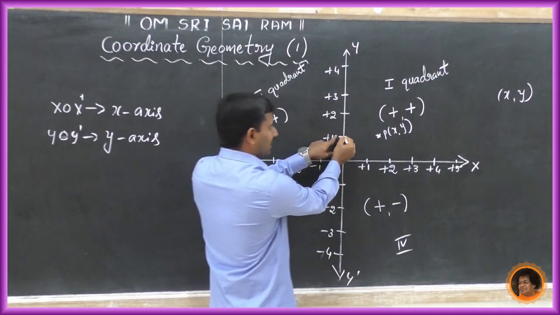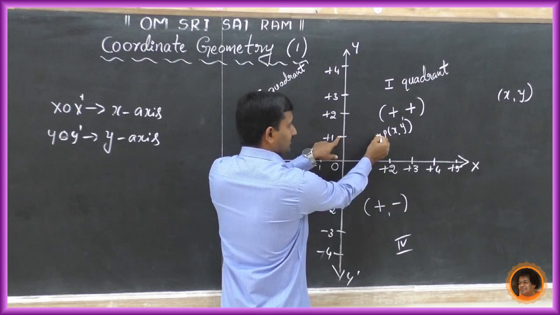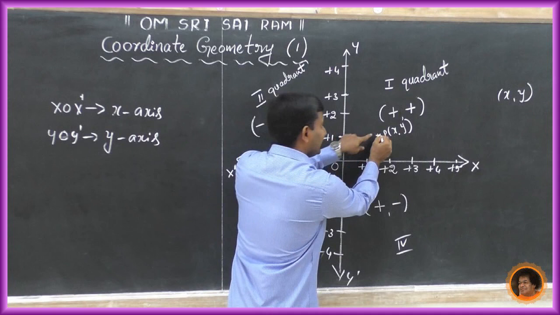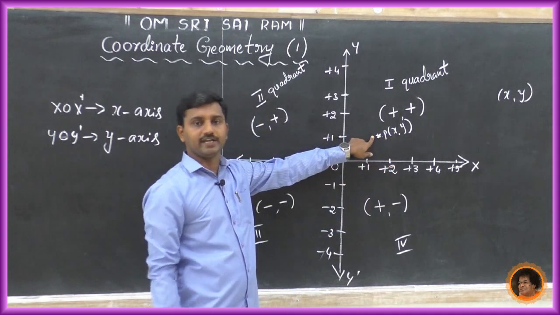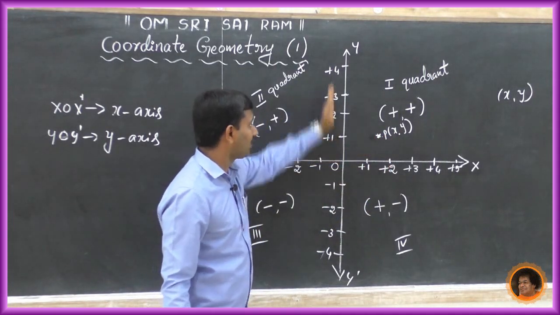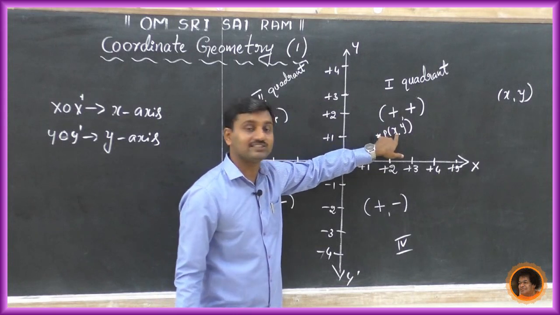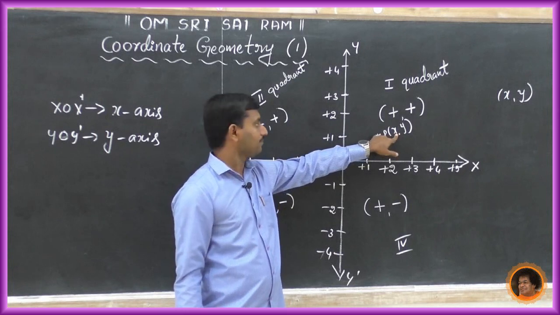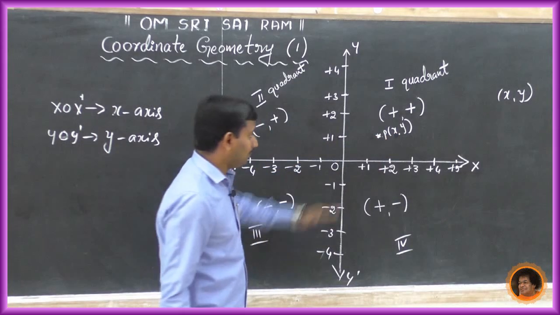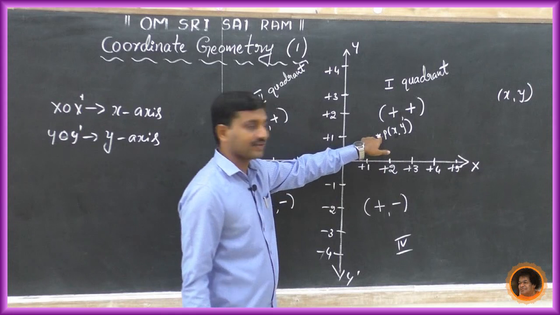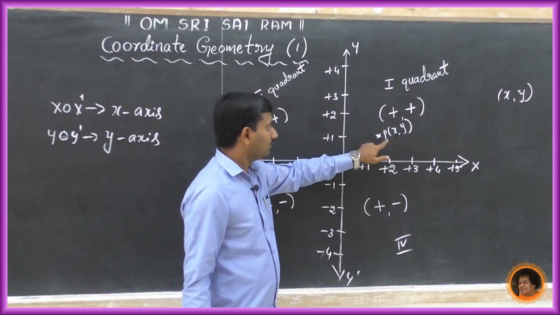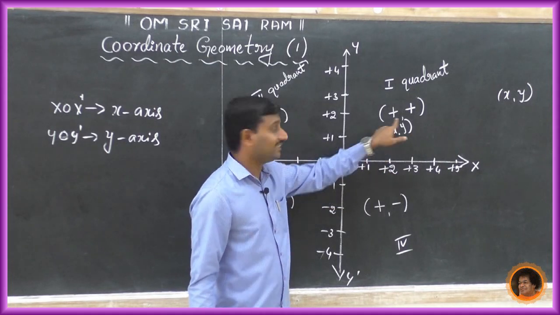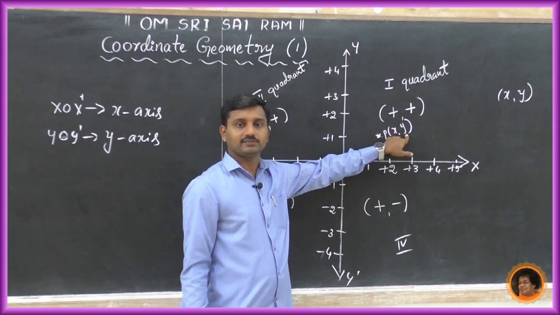The perpendicular distance from the y axis is known as the x coordinate, or it is also known as abscissa. And next one, the perpendicular distance from the x axis, that is known as the y coordinate.